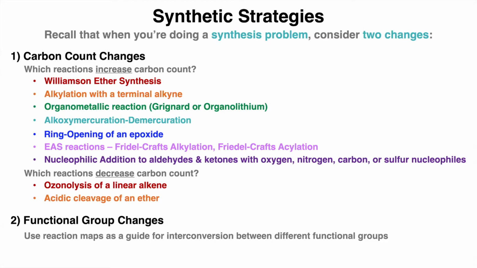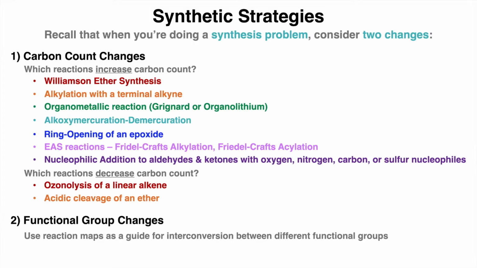For instance, reactions that increase carbon count when going from reactant to product are Williamson ether synthesis, alkylation with a terminal alkyne, an organometallic reaction, alkoxymercuration-demercuration, a ring opening of an epoxide, Friedel-Crafts alkylation or acylation, or any nucleophilic addition to aldehydes or ketones using the following nucleophiles. Furthermore, reactions that decrease carbon count include ozonolysis of a linear alkene and acidic cleavage of an ether.